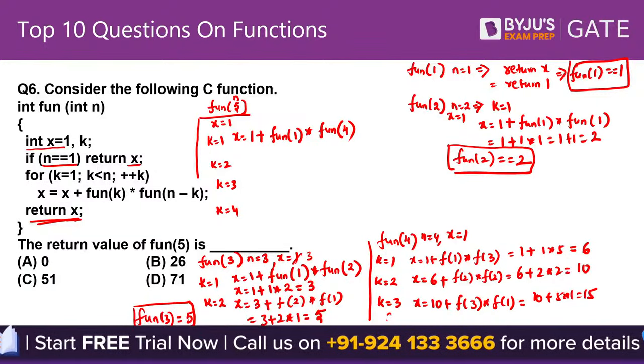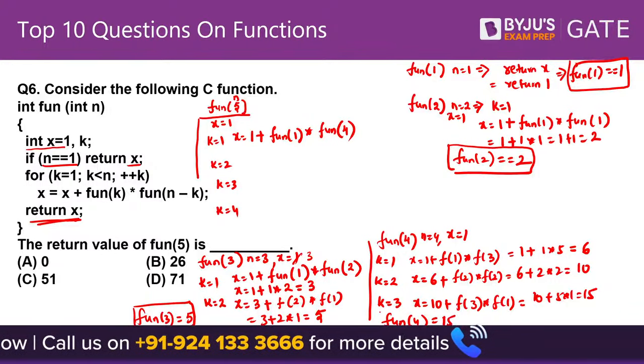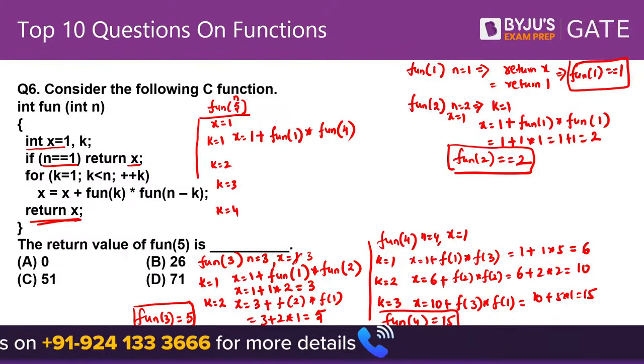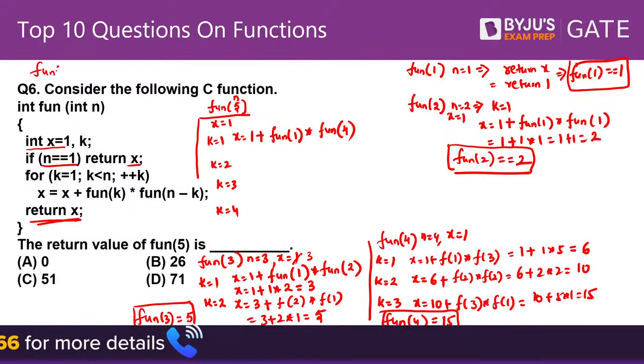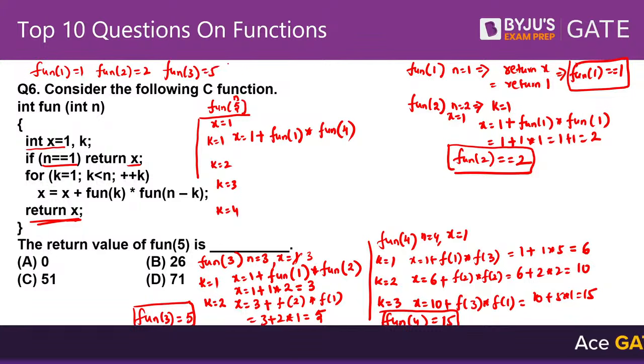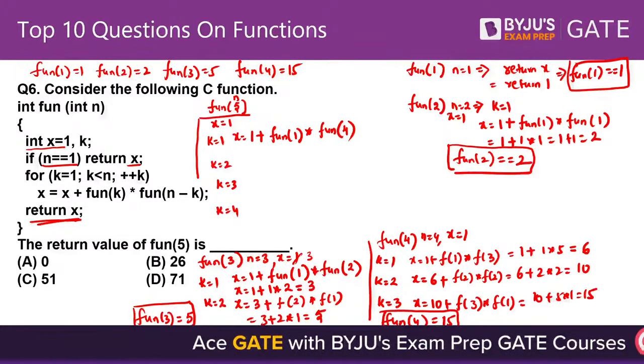So, finally, what got returned? Fun of 4 is 15. So, we got the values here. Fun of 1 is 1, fun of 2 is 2, fun of 3 is 5, and fun of 4 is 15. Now we should find fun of 5.